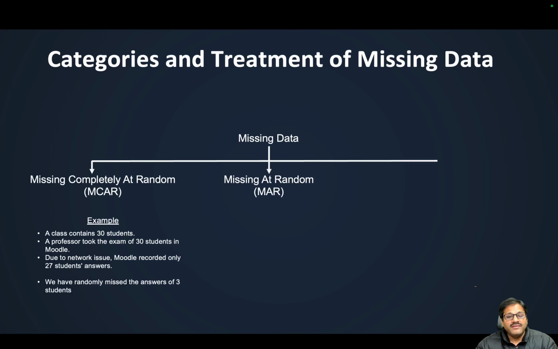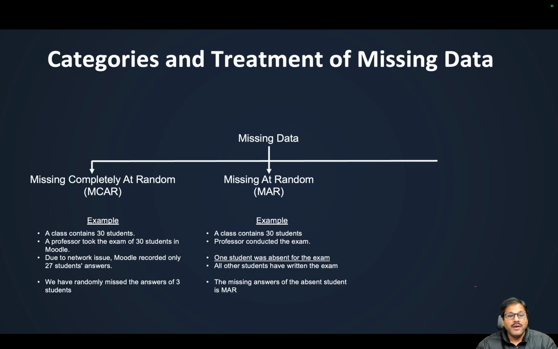Now, the second category of missing data is missing at random. An example of this category is as follows. Assume in a class containing 30 students, the professor conducted the exam for all the students.